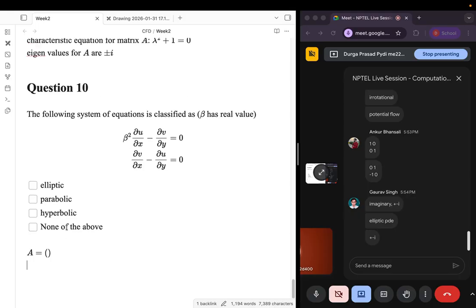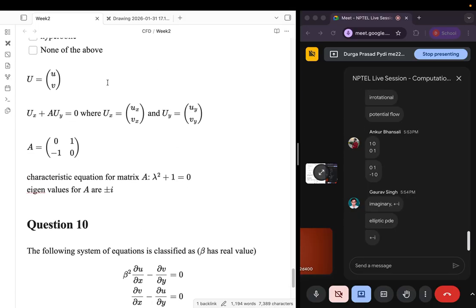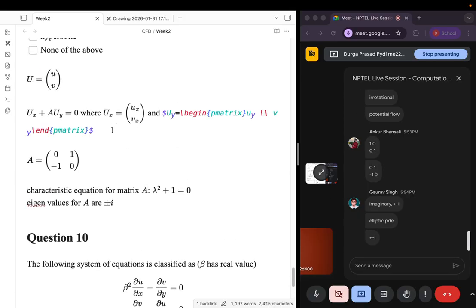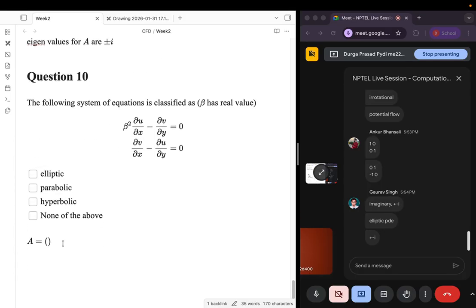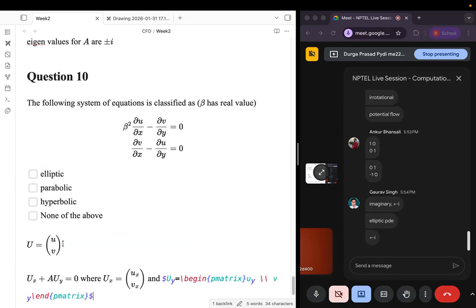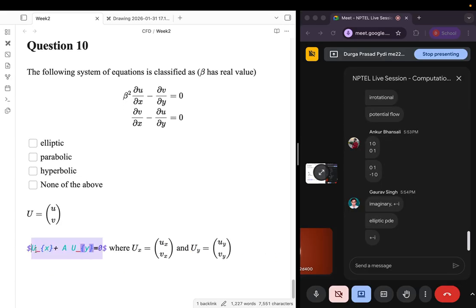Just to make things clear, let's say I'll define it in reverse way just to make things a little easy. Or this is fine. Let's say I write it in the same form. So what would be my A?